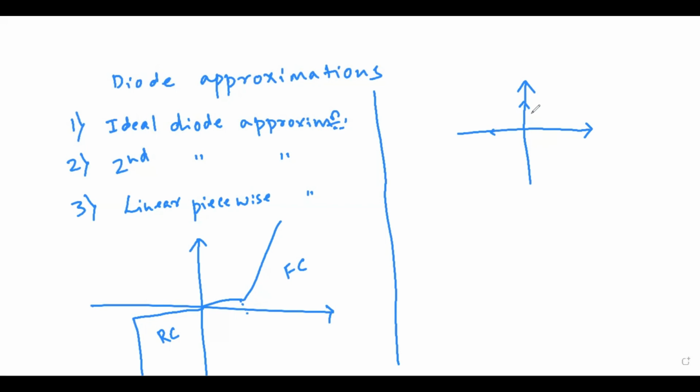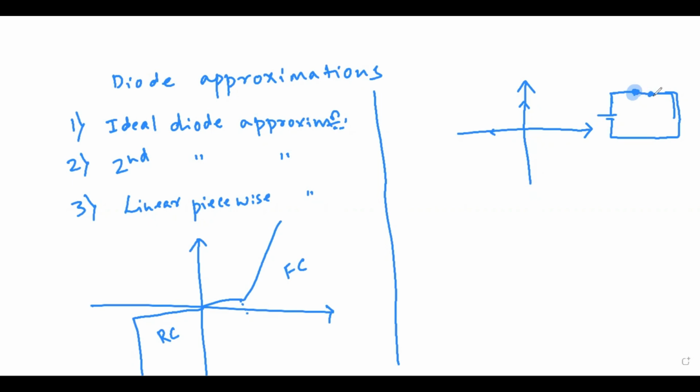Now, if we write the equivalent circuit of a diode in a circuit, for example, if this is a circuit, and you want to replace this diode with some equivalent circuit, it is a short circuit, meaning a conducting wire.